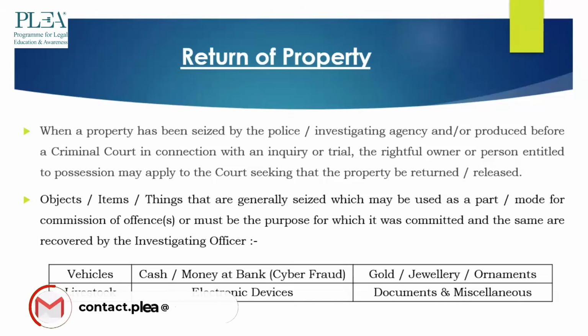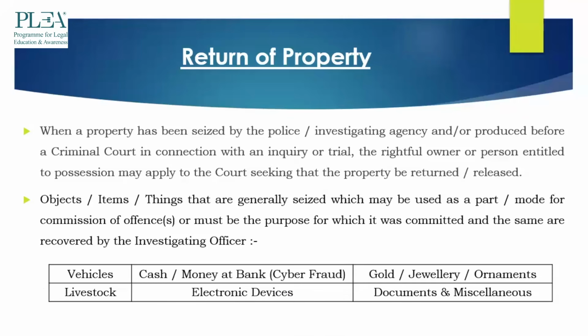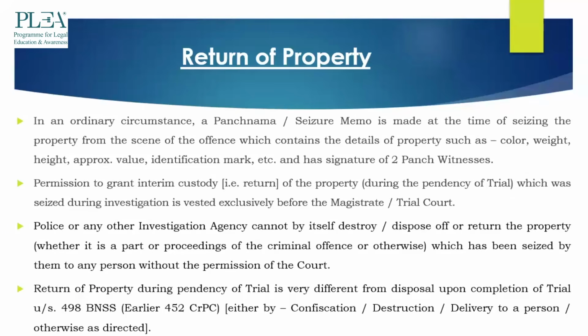If you go into this subject, you will find a lot of case laws on returning of cattle, whatnot, and even elephants for that matter. There are judgments to that effect from high courts and from the Supreme Court. Sometimes even electronic devices are seized, and you may seek return of property and assets which are seized and some miscellaneous articles.